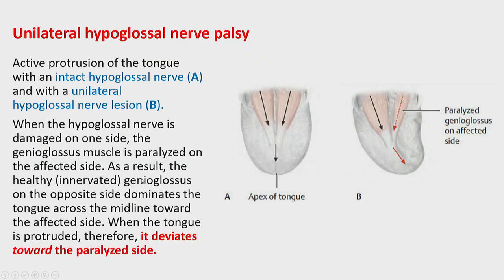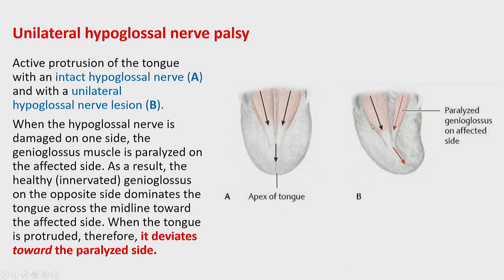So this is the slide that shows you both sides, the bilateral function of the genioglossus muscle, working. The tongue comes out of the mouth in the midline. But for example, if the left side doesn't work for any reason, by paralysis of this side of the hypoglossal nerve, then the right muscle has normal function and is stronger than the other side.